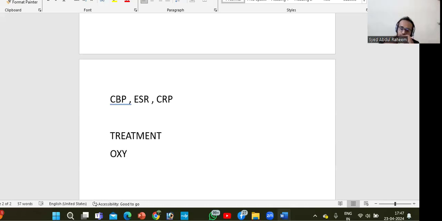In my opinion, you have to check the oxygen levels with pulse oximetry. Whenever any respiratory disease patient comes to your clinic, please check the O2 level first.